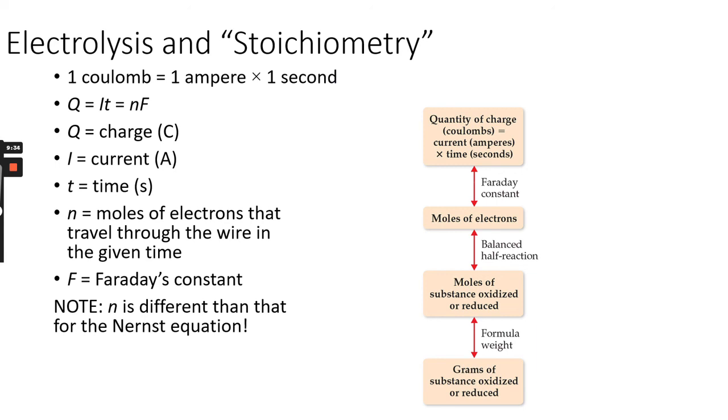So this would be I, and this is T. That is also equal to nF, where F is your Faraday constant, which is the charge of 1 mole of electrons. And n is different than it is in the previous section, where now it's the moles of electrons that travel through the wire at a given time. So it's not the total moles in the balanced redox reaction. It's the amount of electrons traveling through the wire. I is your current measured in amps, and t is time.